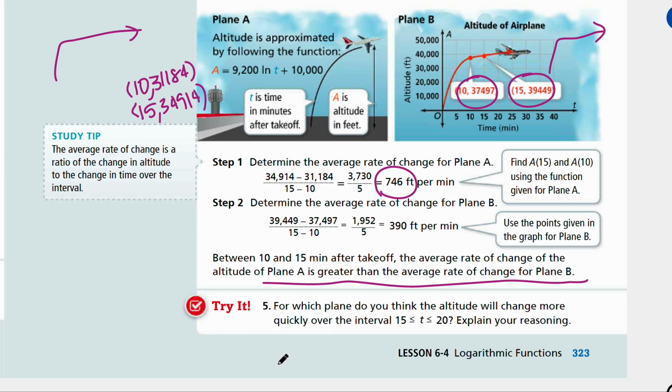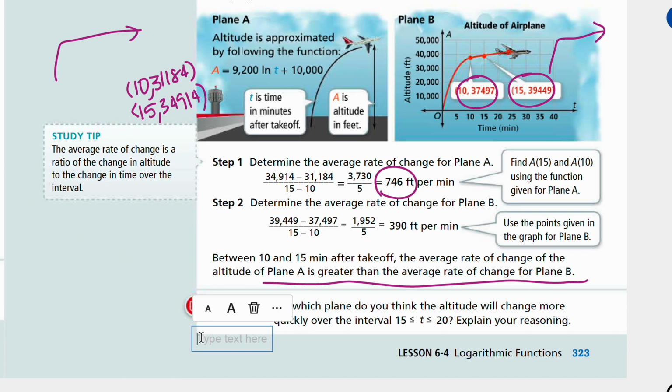So in this case, plane A increases at a greater average rate than plane B between 10 and 15. So since both are the same model, plane A will continue to increase at a greater average rate.